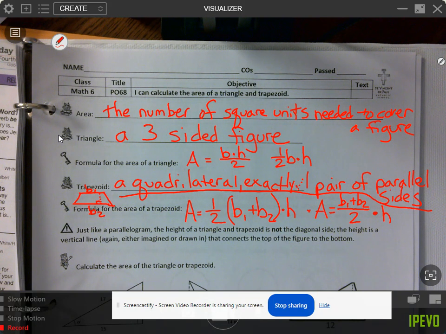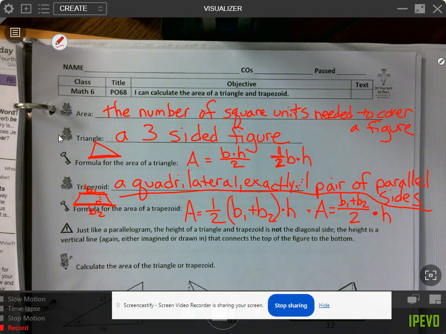Just like our triangle, we could divide it by 2 or do a half. It's the same thing. And because it's a trapezoid and not a triangle, we have the two bases in there. A triangle only has one base. Trapezoid has two bases. Just like with our triangle, we had to multiply by the height. Our trapezoid, we have to multiply by our height.